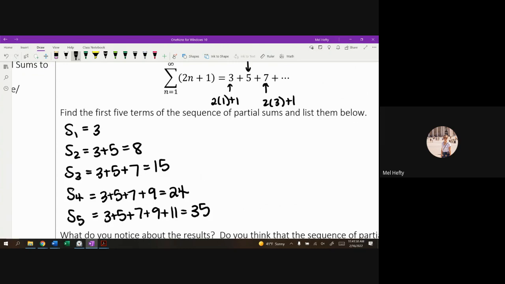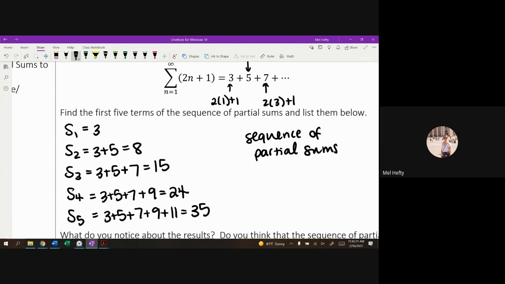All right, sounds like Nick's got it. So do we like 24 and 35 for the next ones? Okay. So one way I can try to find if the infinite series converges or diverges is to look at what would be called a sequence of partial sums. I know I'm throwing a lot of big words out today, but they all make a good amount of sense when we talk about them.